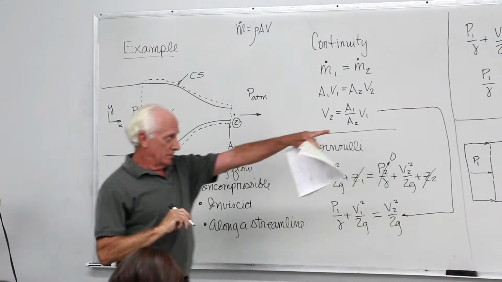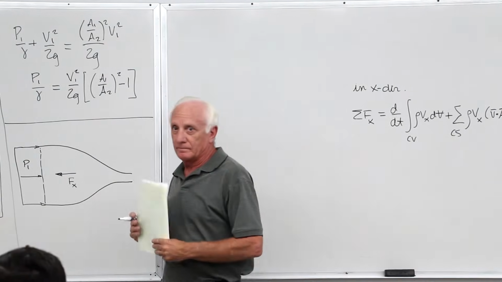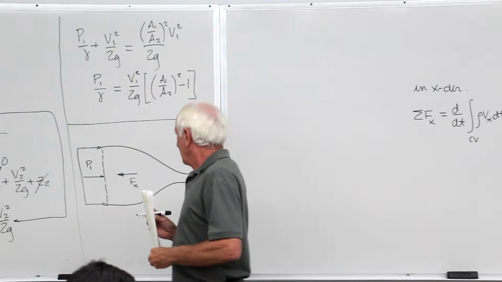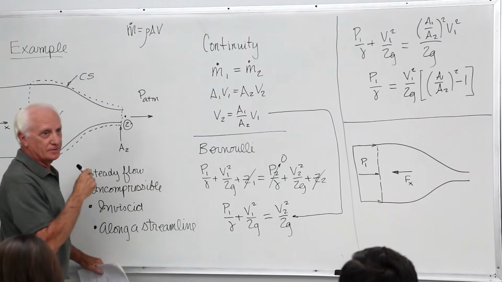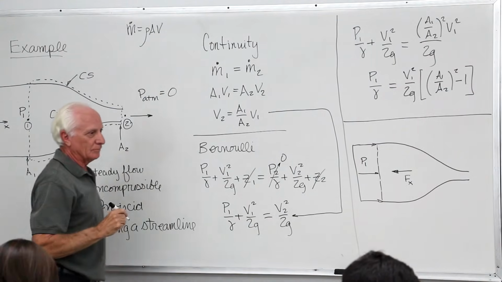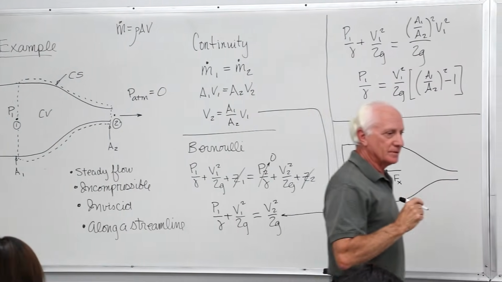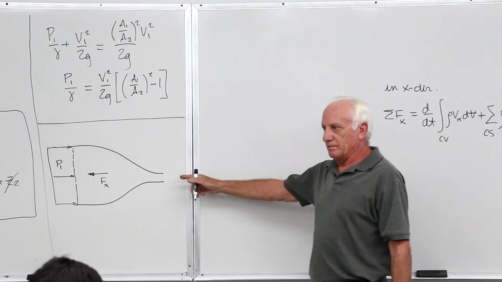Okay, there it is. Let's transport their momentum. How about at this point here? Well, you know what P atmosphere is. It's 0. When somebody says P atmosphere, that means 0 gauge. So you don't show any pressure here.